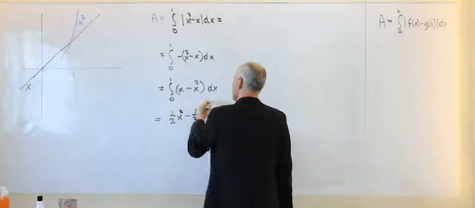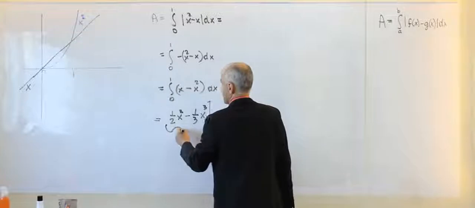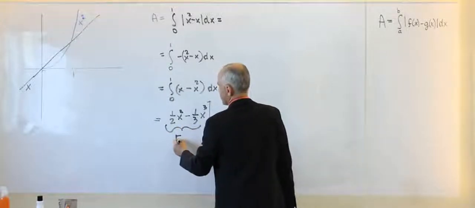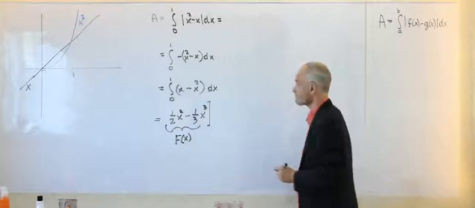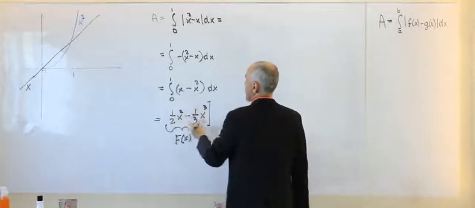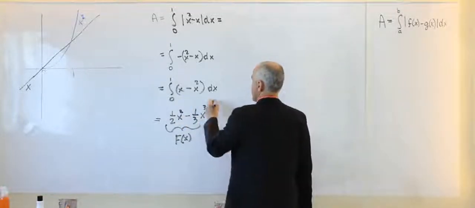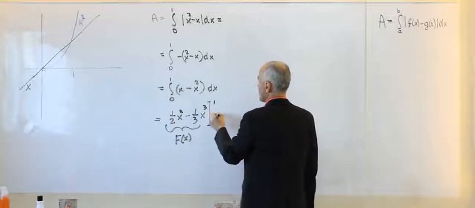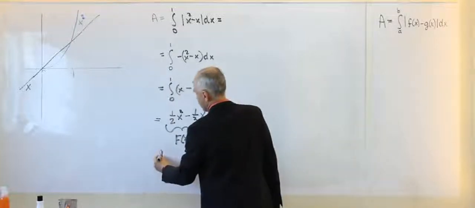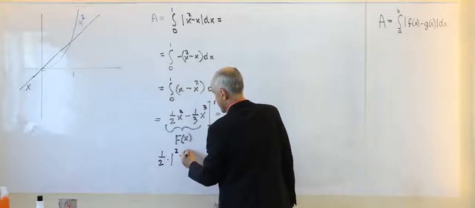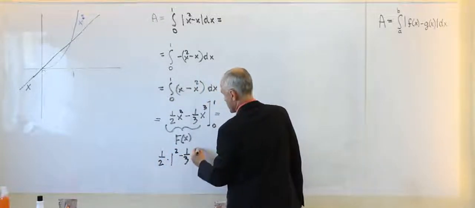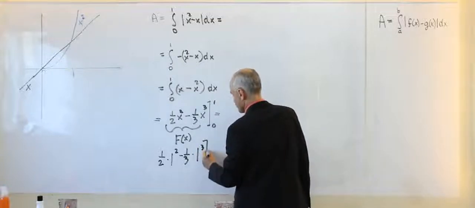So now, remember that we denoted in calculus 1 this antiderivative as the capital function F of x. So we evaluate that at 1 and at 0, and then we get 1/2 1 squared minus 1/3 1 cubed.